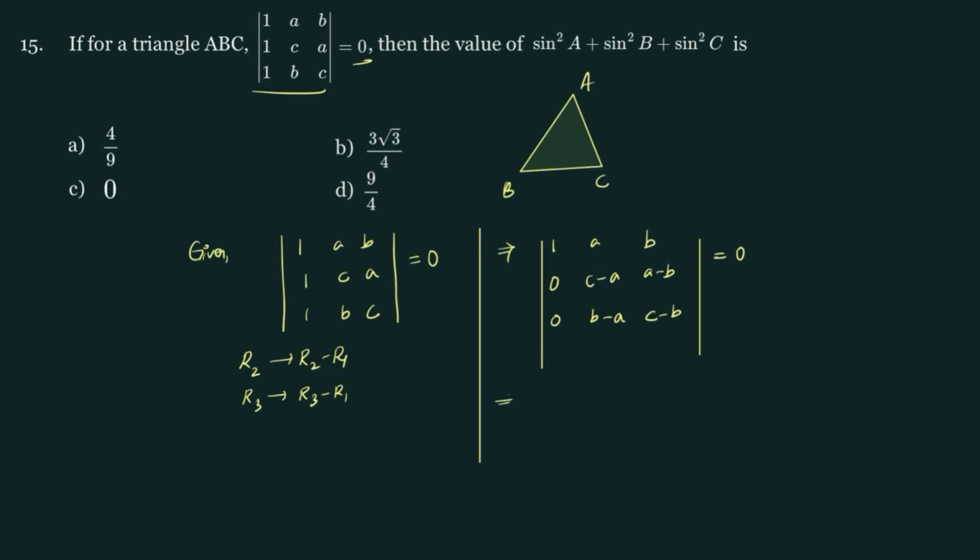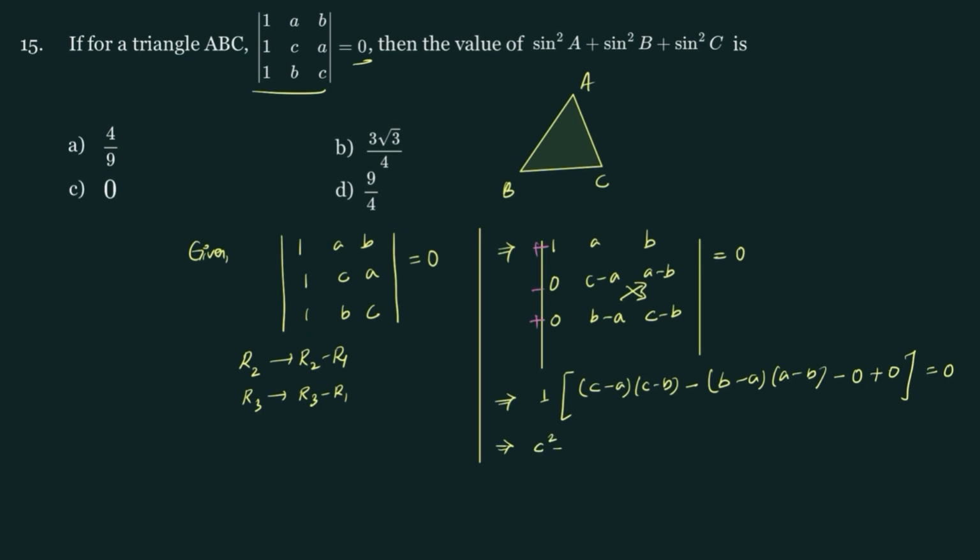Now let us expand this determinant using the first column, so plus minus plus. On expanding we will get 1, then cross multiplying these two elements, that is c minus a into c minus b, minus multiplying these two elements b minus a times a minus b, then minus 0 plus 0, and this determinant equals 0. So now let us simplify.